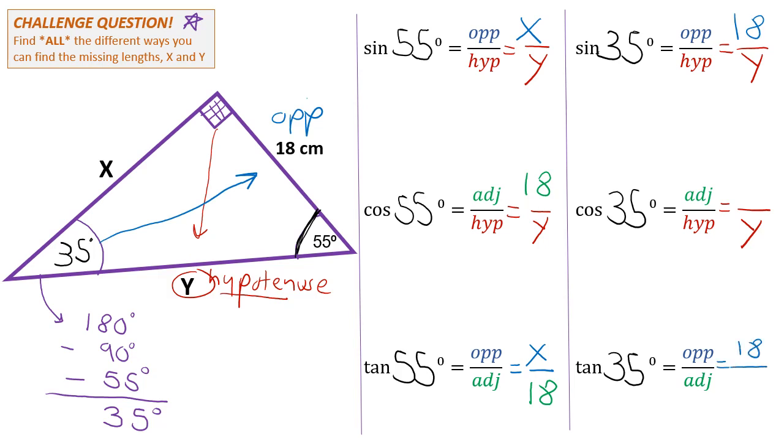And the adjacent of 35 is going to be that x. So type in x, and there we go. So now I'm going to show you on the next page how we can use now these 6 different ratios to help us fully complete this triangle to find x and y.